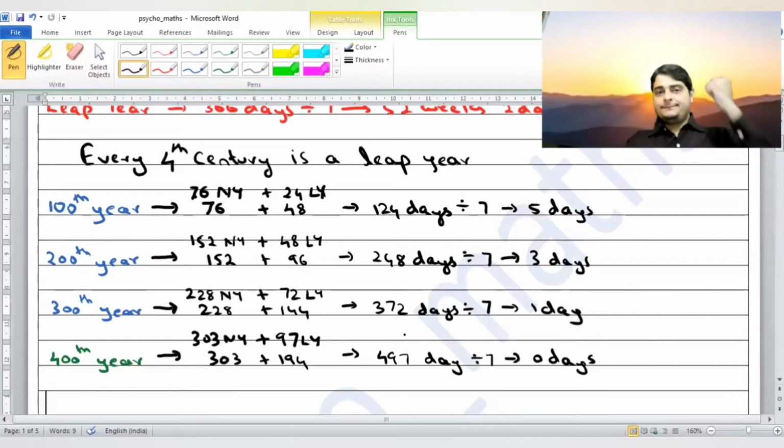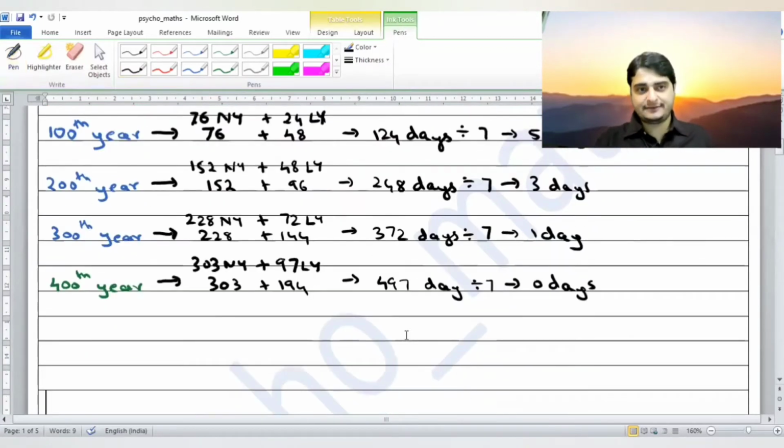So remember, a normal year has 1 day extra, a leap year has 2 days extra. So after every 4th century, you can just press a refresh button to your mind and start up. The first 100 years have 5 days, 200 years will have 3 days, 300 years will have 1 day, and the 4th century has no days extra left.